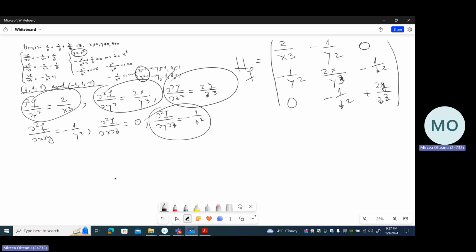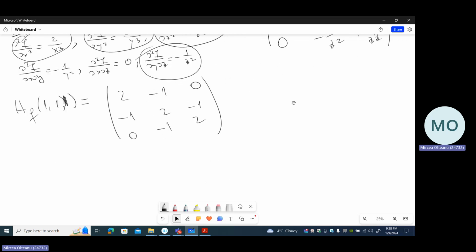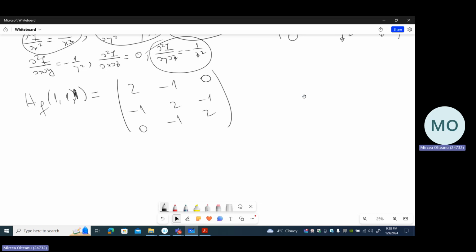Okay. Now, we take the first critical point, (1, 1, 1), and we see the Hessian matrix at this point. It's 2, minus 1, 0, minus 1, 2, minus 1, 0, minus 1, 2. Now, the sign of the eigenvalues of this matrix will give us the nature of (1, 1, 1).